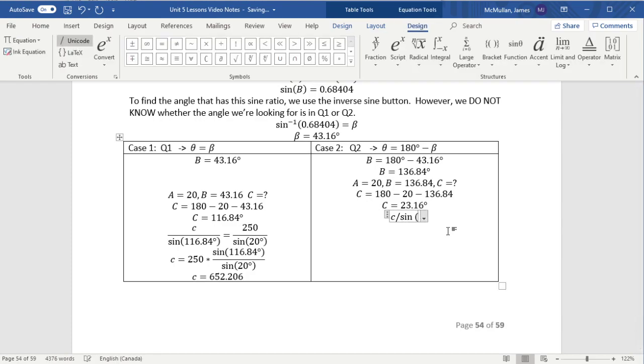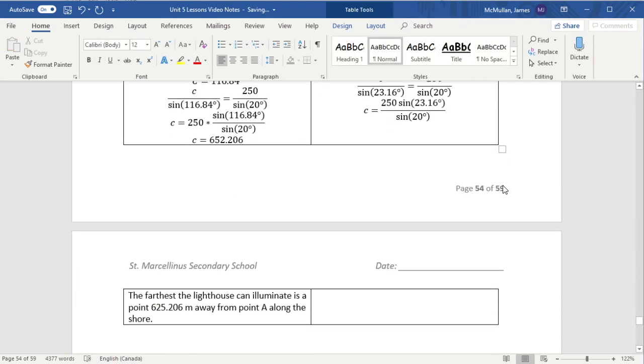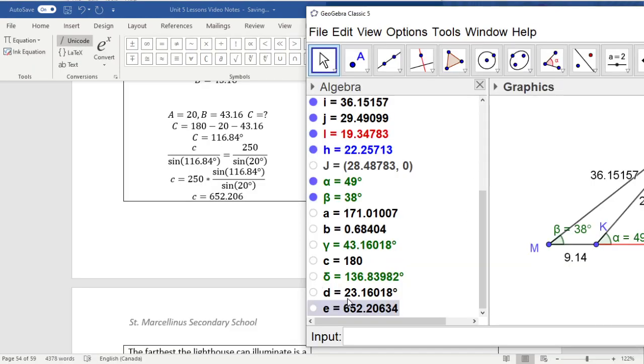Same thing though. C over sine 23.16 equals 250 over sine 20. Okay, so therefore C is equal to 250 sine 23.16 divided by sine 20. Okay, so let's just quickly find out what that is.